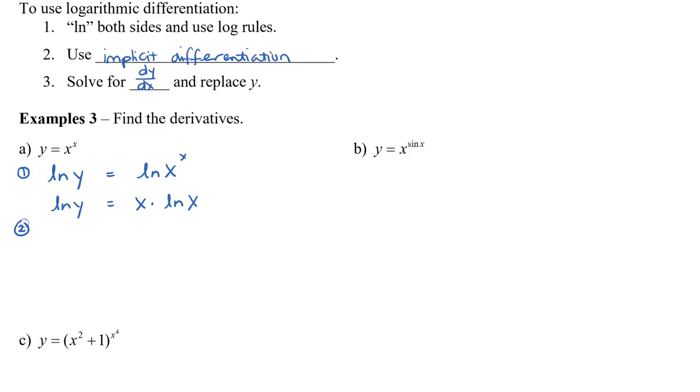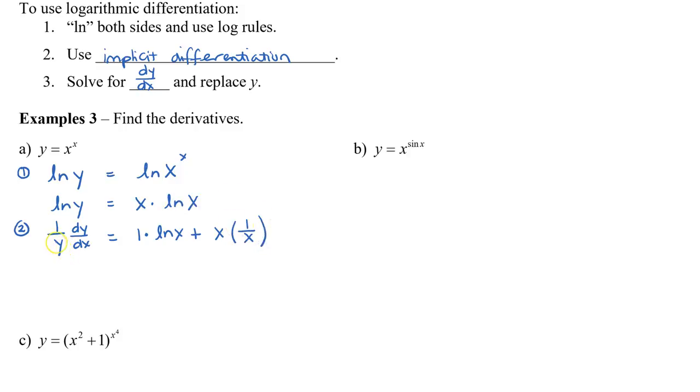Now step 2, implicit differentiation. The derivative of the natural log of y is 1 over y times dy/dx, equal to, and because these are being multiplied, I'm going to use my product rule. The derivative of x is 1, so if you want to show that, you can: 1 times ln x, plus x times the derivative of the natural log of x, which is 1 over x.